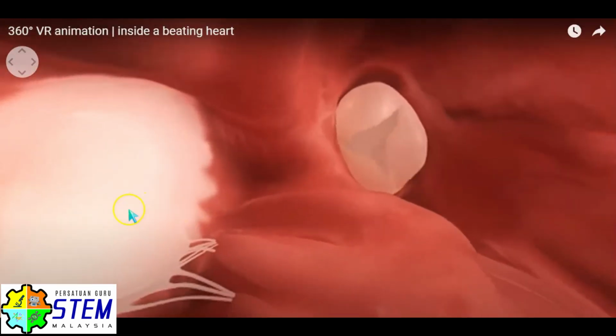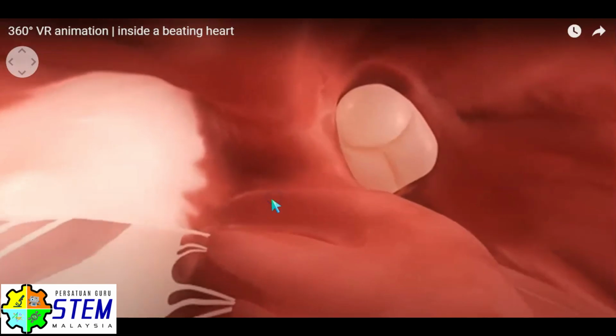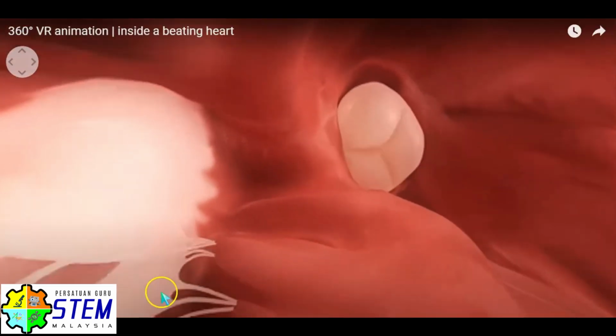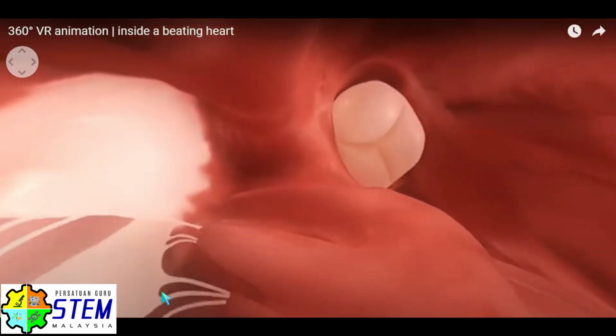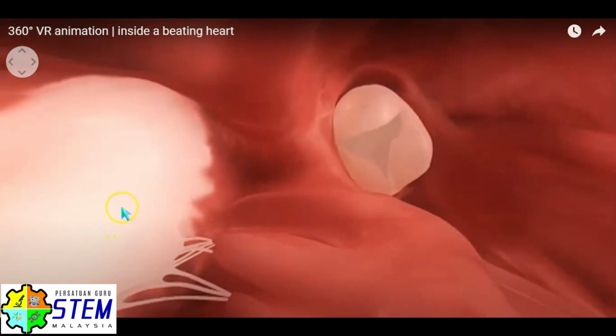When the tricuspid valve closes, the semilunar valve will open, and vice versa.